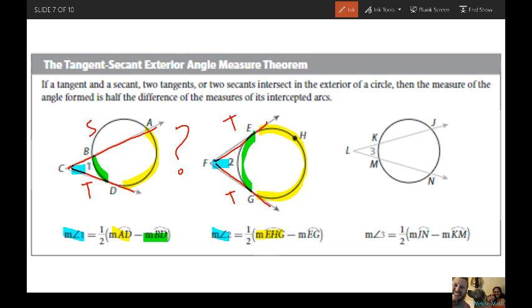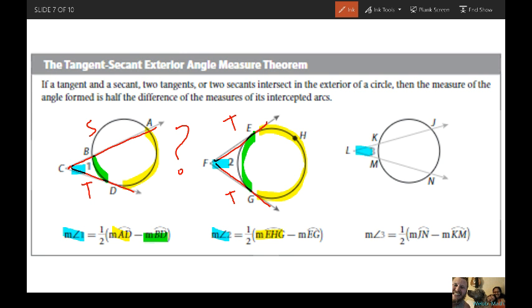Like the setup, same formula? And why? What does it have to do with those arcs? How many are there? So again, just come see me once you're done with the notes and tell me, yeah, they're the same, or no, they're not the same because of the arcs or something like that. It's a good conversation piece to make sure you understand.